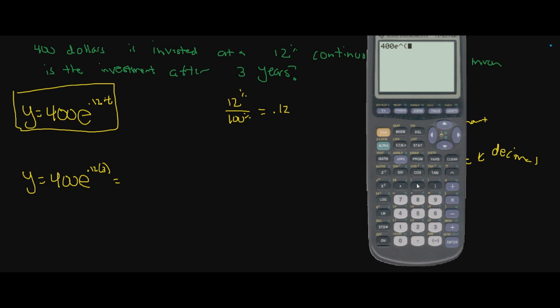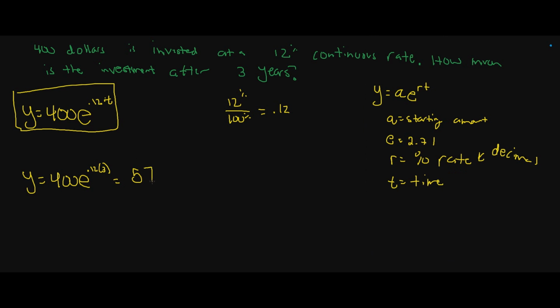I'm going to put a set of parentheses, 0.12 times 3. Close the parentheses. And we are going to get $573. Okay, and that's basically how we set problems up like this.